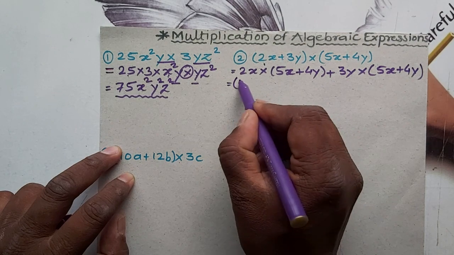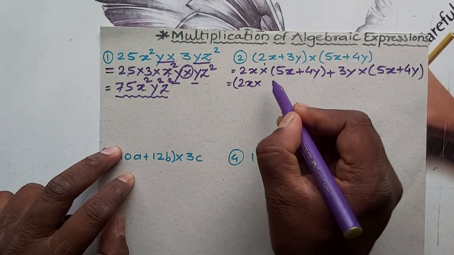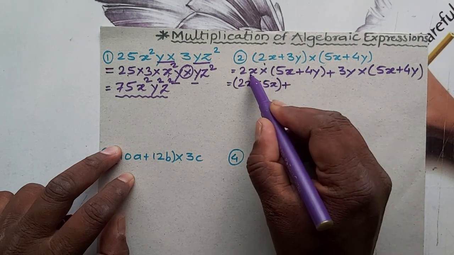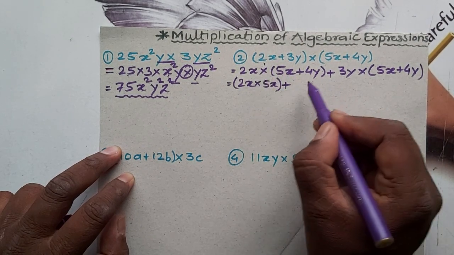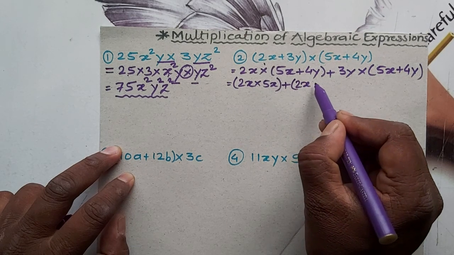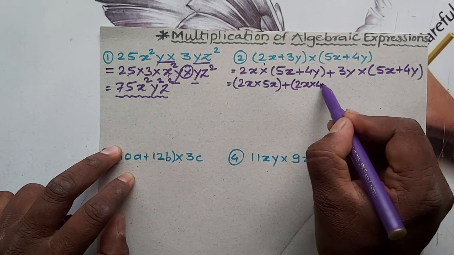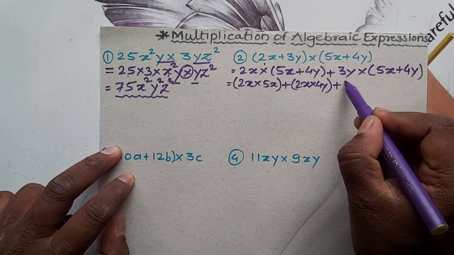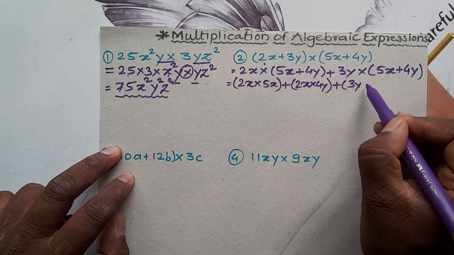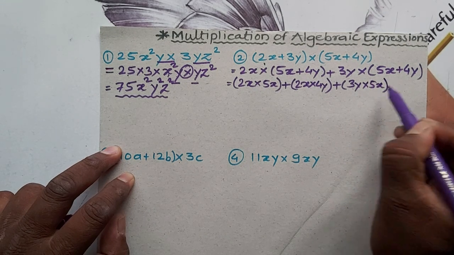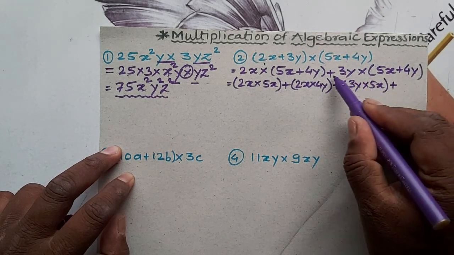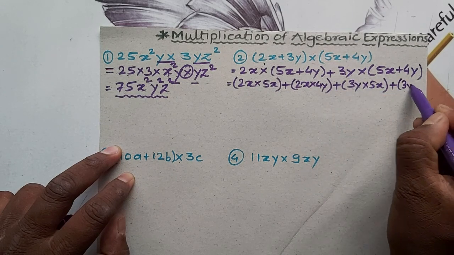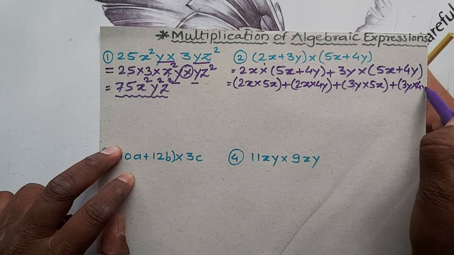See, first 2x multiplied by 5x, bracket complete, plus sign, then again 2x multiplied by this 4y, 2x multiplied by 4y, bracket complete, plus. Now this one, 3y to 5x, 3y multiplied by 5x, plus sign because plus plus, so add here, then again 3y multiplied by 4y.